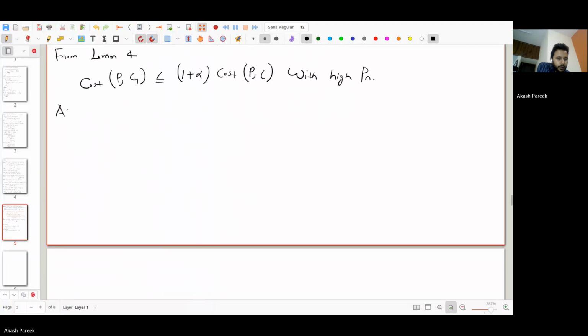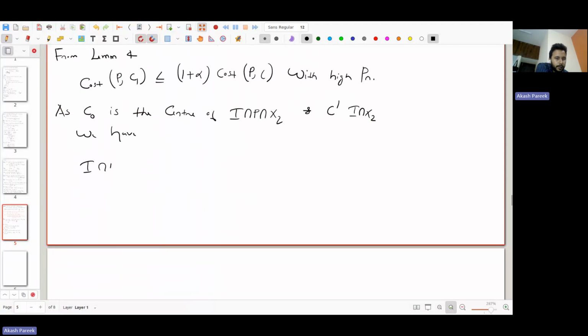Again, as C0 is the center of I intersection P intersection X2 and C dash is the center of I intersection X2, what we have is the cardinality of I intersection P intersection X2 times C0 plus the summation over q belonging to I intersection Q intersection X2 should equal the cardinality of I intersection X2 times C dash, right?